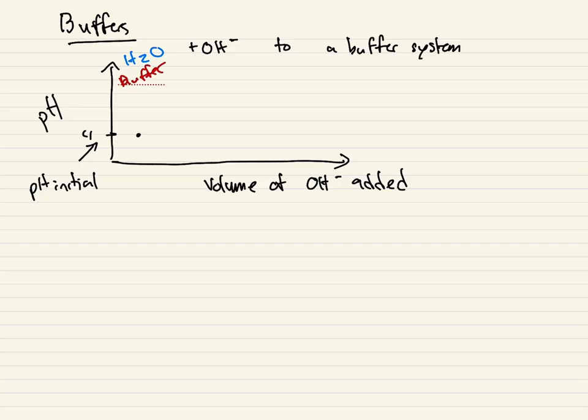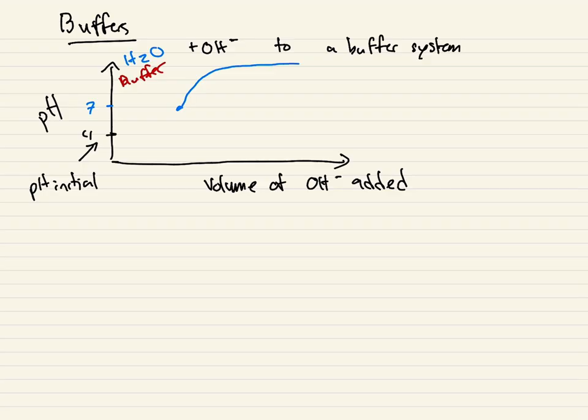So when it was water, your initial pH started at 7, right? Because water is neutral. When you add base there, what happens? Let's say we'll just start over here of just pure water. Which direction does the pH move when you add base? It should go up, right? A more basic solution has a higher pH. So that's going to start changing right away to a high pH, right?